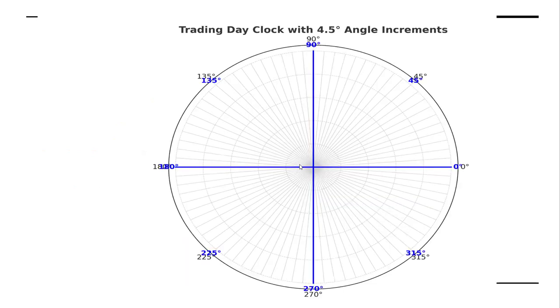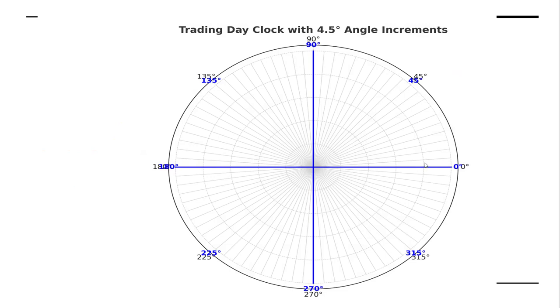Here I am talking about the trading clock I've made myself, because our market only runs for 6 hours 30 minutes, so we cannot use more than that. I'm going to explain this clock in my next video, just look at it.